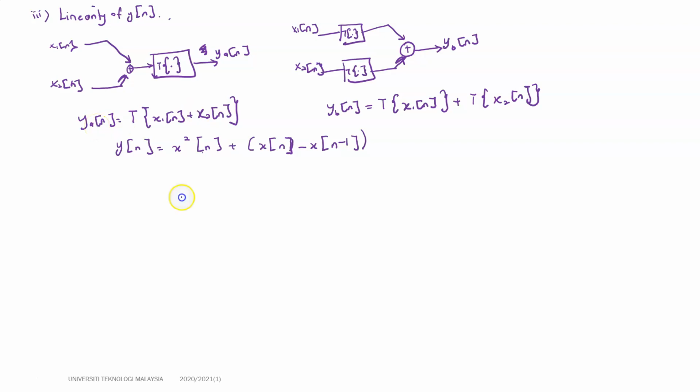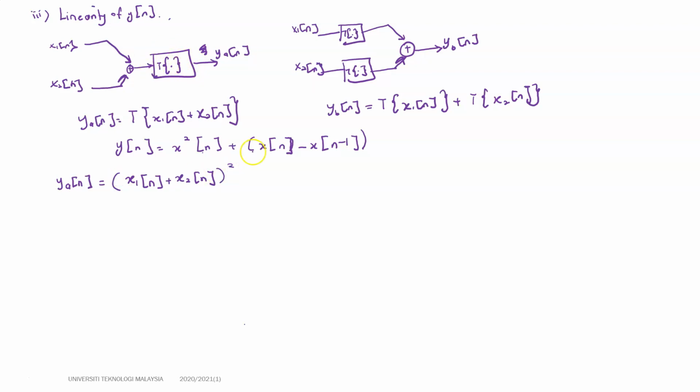So look carefully how we want to justify. Yan is equivalent to, first, we add together x1n and x2n, and then only we go to the system which transforms the signal, so square.